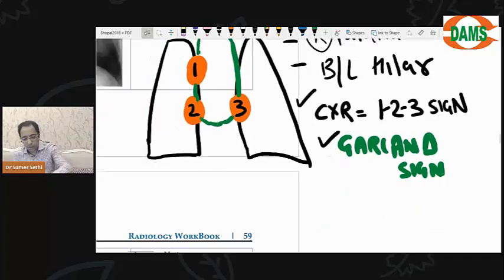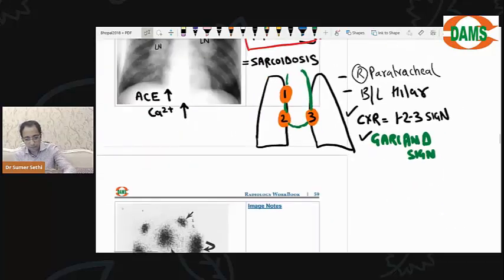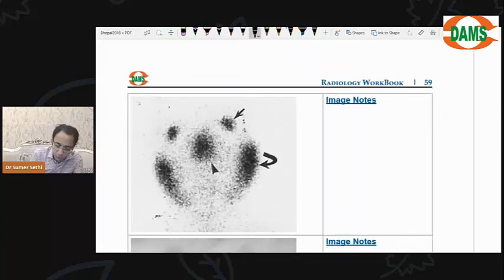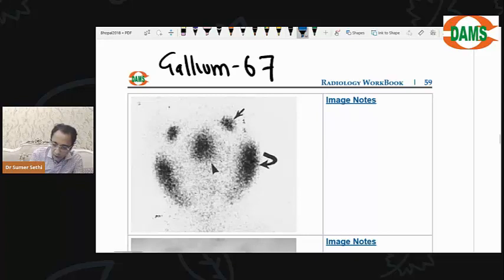Another thing to remember is, there is an isotope called gallium-67. This isotope has affinity to inflammation and to sarcoid tissue.